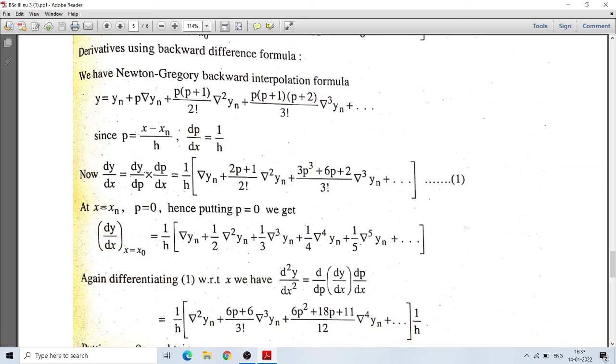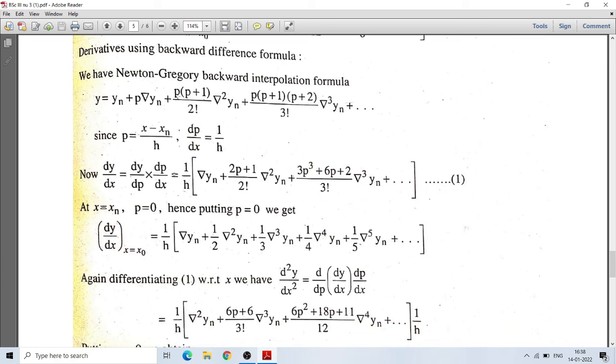Then dy by dx can be written as dy by dp into dp by dx. Dp by dx is 1 over h, so 1 over h dy by dp. Differentiate this with respect to p one time. Then the constant goes to 0. You'll get p differentiates to 1, so you get here nabla yn.